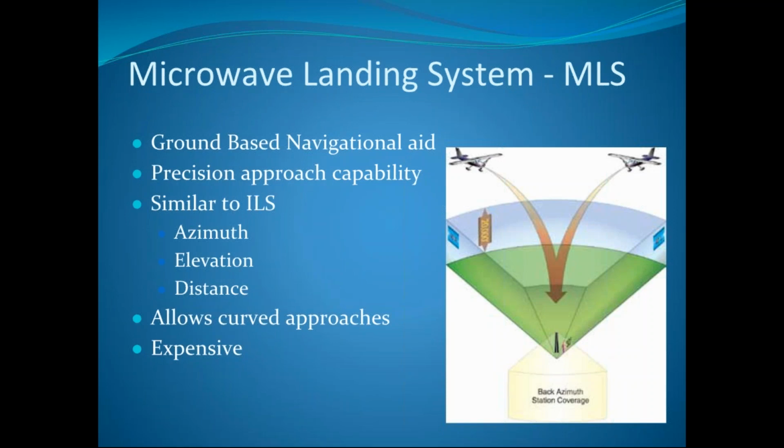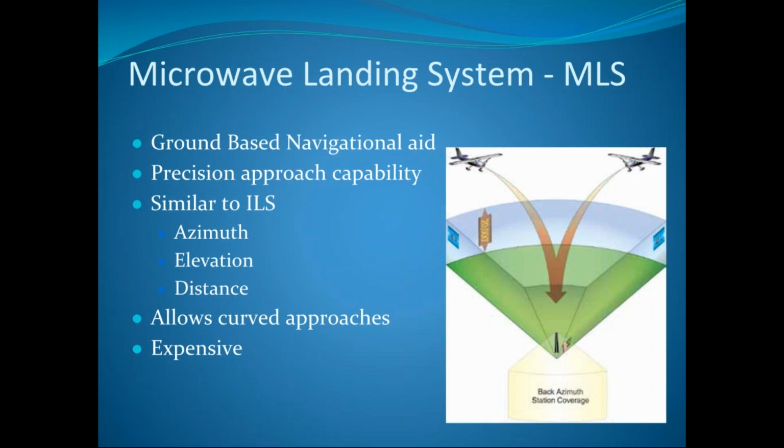MLS, microwave landing system. Ground-based navigational aid, precision approach capable. When we say precision approach, once again, we're talking about both lateral and vertical guidance. That's the T that you saw a couple screens back. When we talk about a non-precision approach, we're only receiving that lateral guidance.